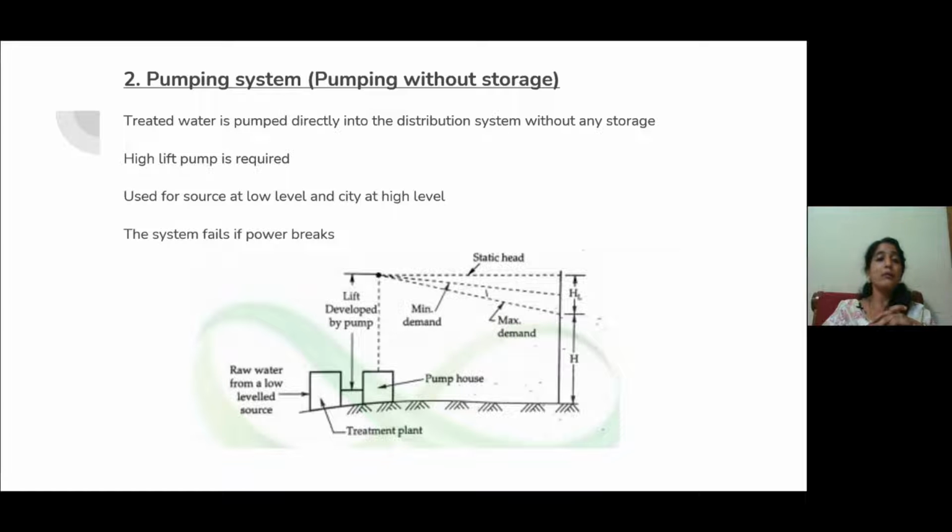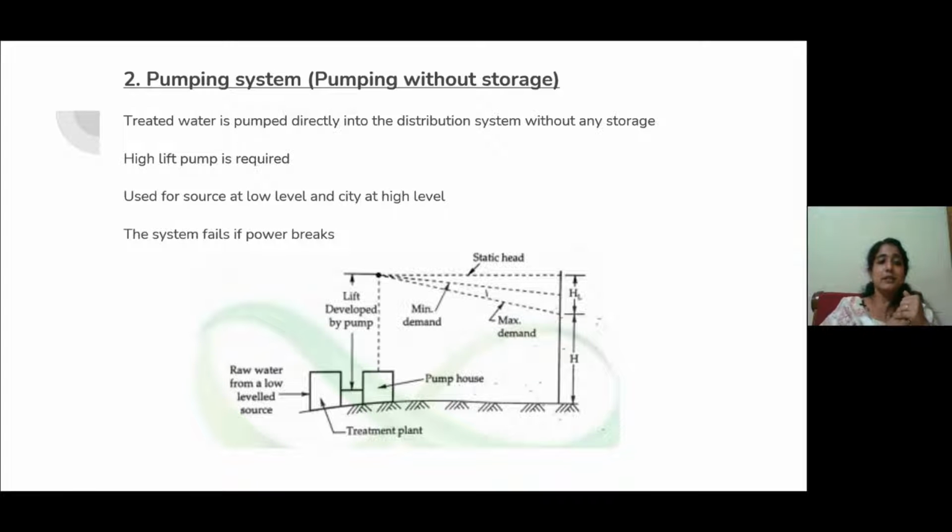Then we have to accept this pumping system, where direct pumping is happening. In this system there is no storage, only direct pumping. But the main disadvantage of this pumping system is that if power failure occurs, then the water supply will be stopped.